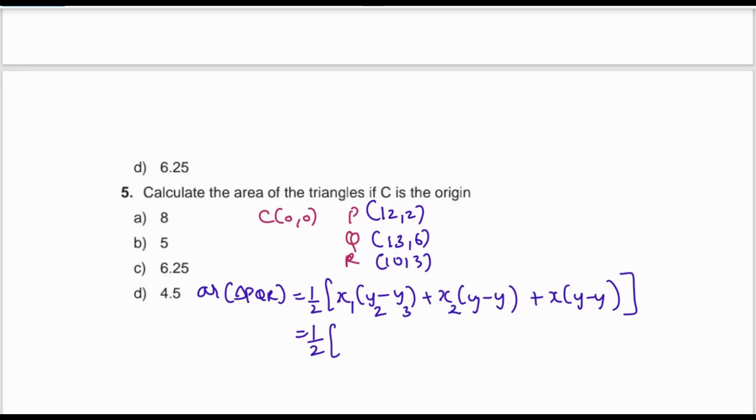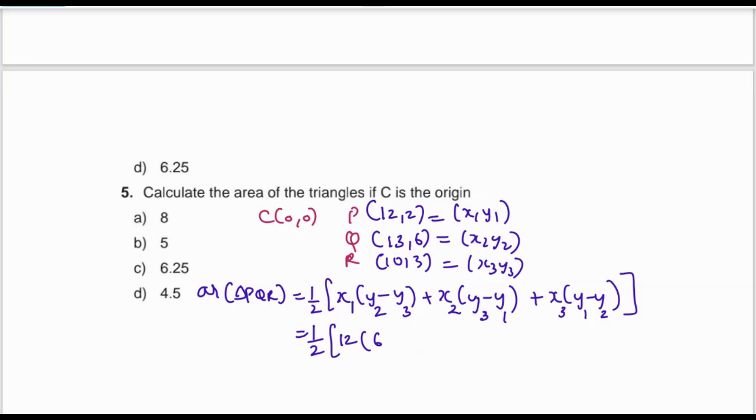Then start from 2, 3, 1. Then again 3, 1, 2. So this will be x1, y1. This will be x2, y2. This will be x3, y3. So yeah, this x1 will be 12. Y2 minus y3 is 6 minus 3.